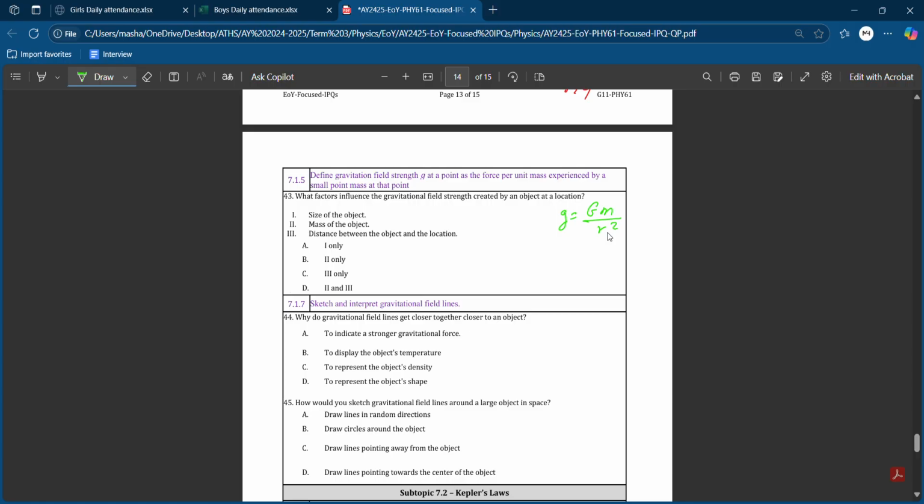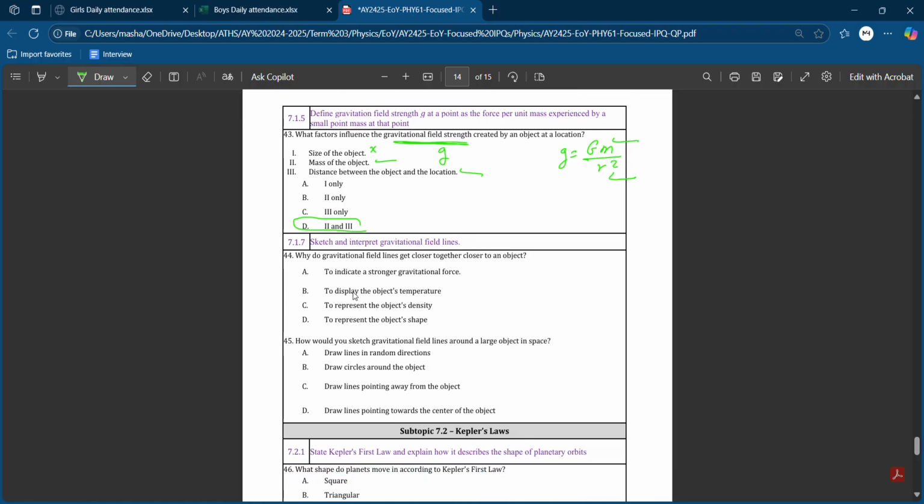The field always points inwards, and more lines means a stronger field. So for question 43, what factors influence the gravitational field strength, which is g? We have the mass, we have the radius, and that's it. The size does not affect it, so it's the mass and the distance, so it's 2 and 3.